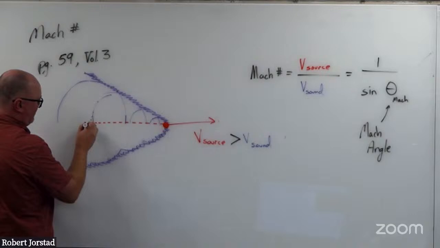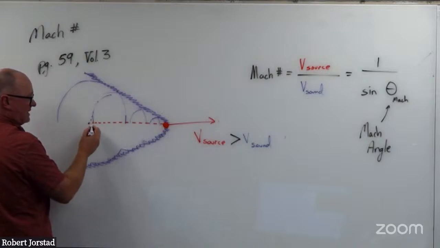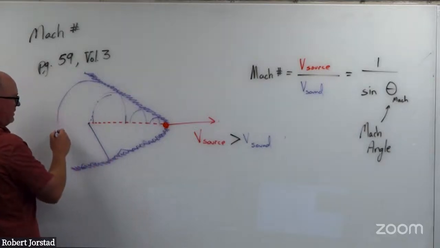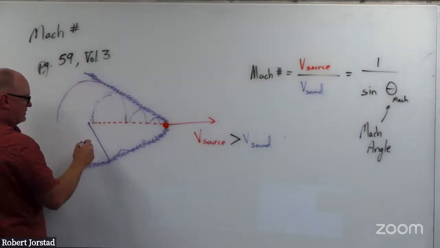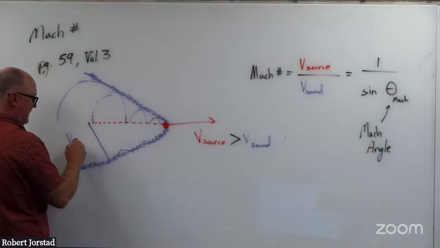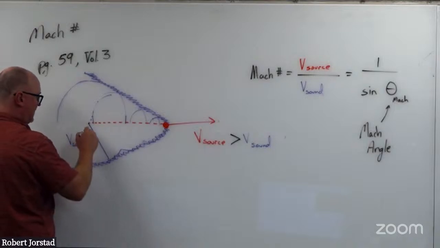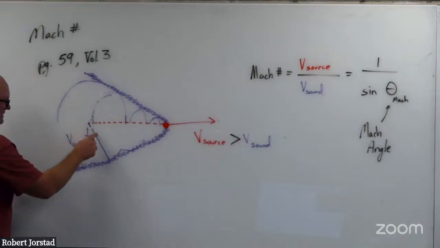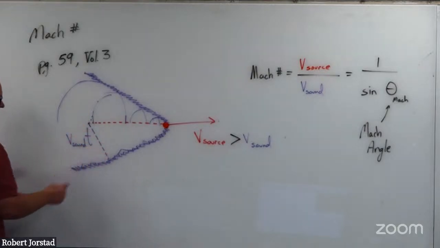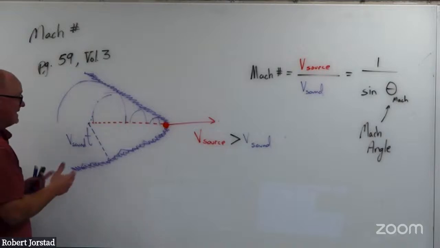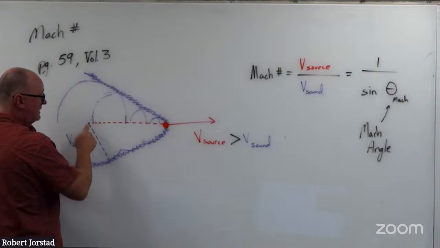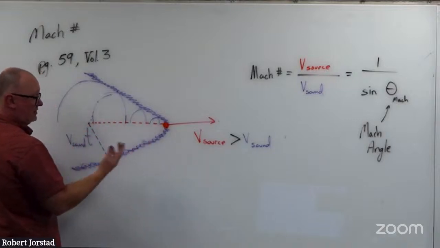All right, so from right here, in some time, the sound traveled this way. All right, so if you recall, that's the big circle that I just drew. So this is V sound times some time interval t. All right, that's this dotted line right here. Now, in that same time interval, the source moves a little bit farther because it's got more speed.